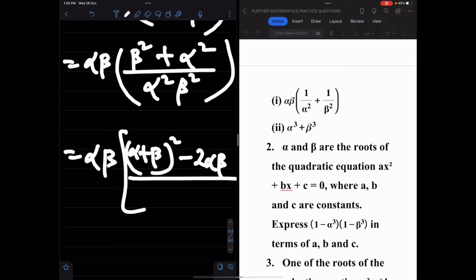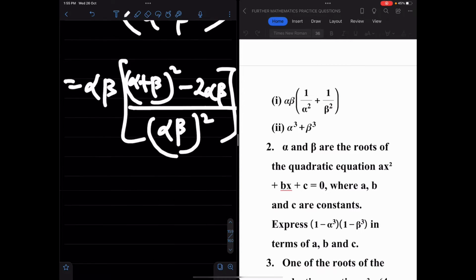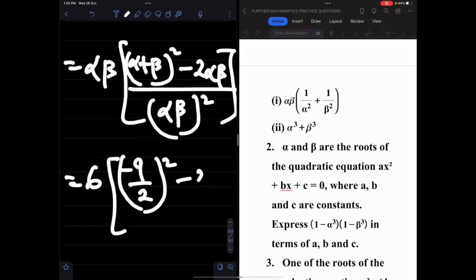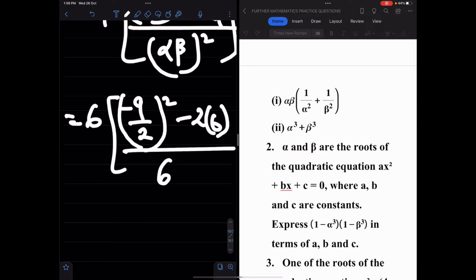That's the numerator, all over alpha squared beta squared, which can be written as the square of alpha beta. This is equal to alpha beta, which is 6, into bracket alpha plus beta, which is minus 9 over 2, don't forget, all squared, minus 2 alpha beta, which is minus 2 times 6, all over the square of alpha beta, which is 6 squared.